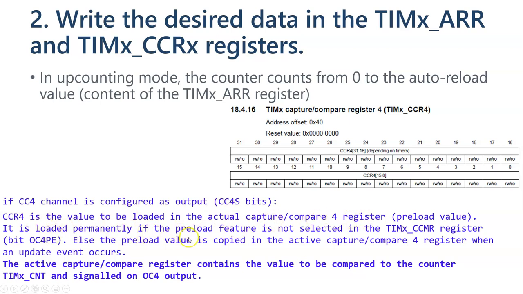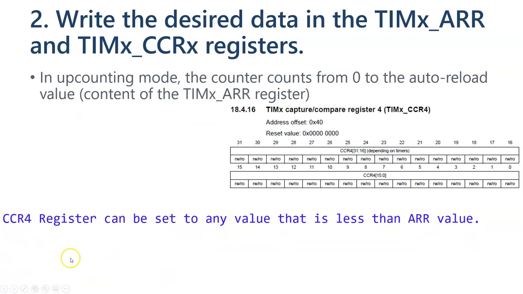It is loaded permanently. The active capture compare register contains a value to be compared with a counter and signaled on the OC4. Right? CCR4 register can be set to any value that's less than ARR.